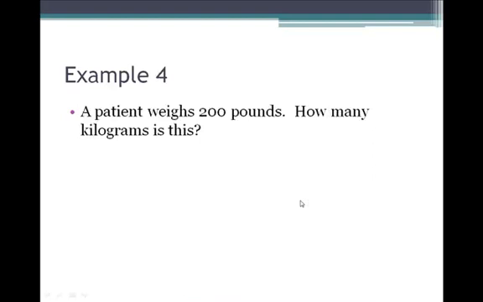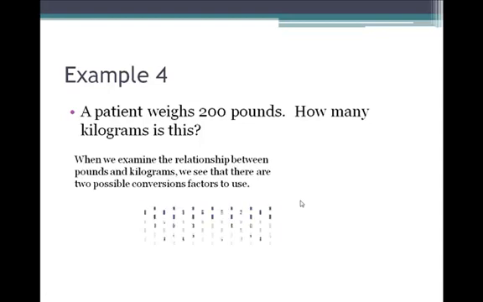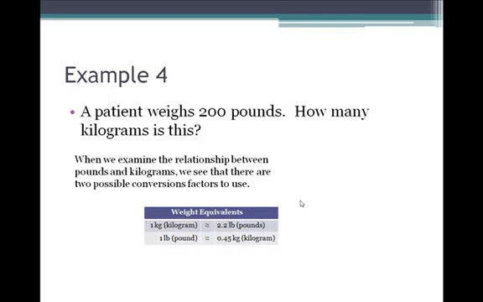And one final example, a patient weighs 200 pounds, how many kilograms does this patient weigh? Note that there are two relationships in our table: kilograms to pounds and pounds to kilograms. And so the second one, pounds to kilograms, would be our preferred conversion factor, because we have pounds given.